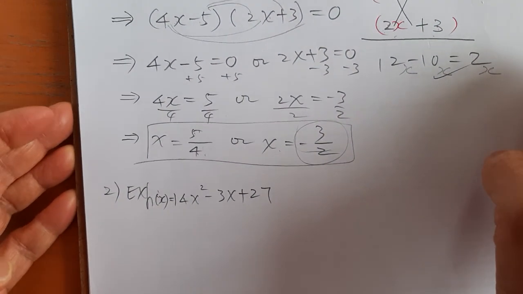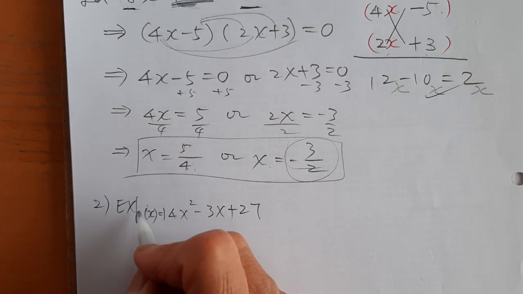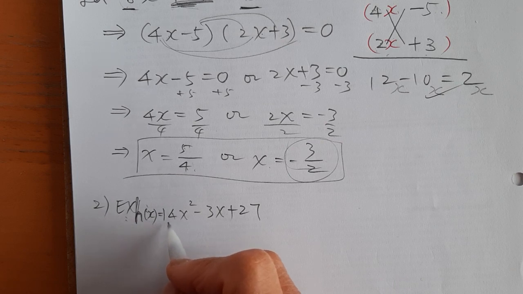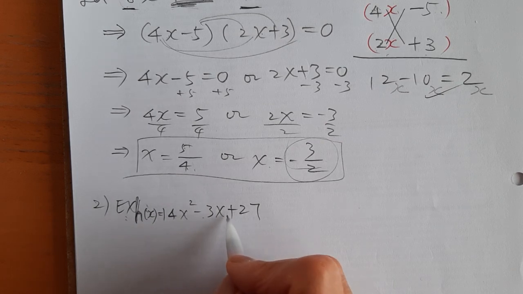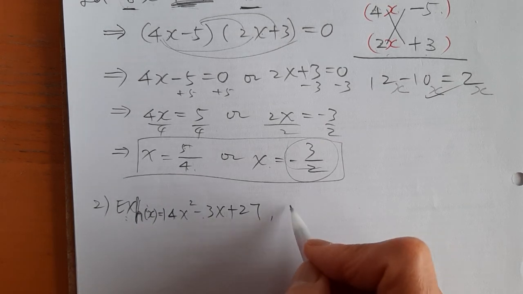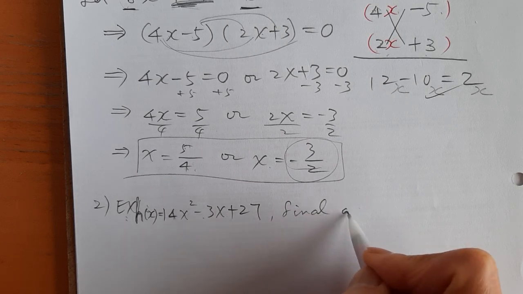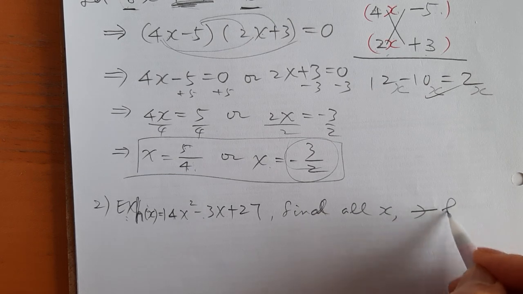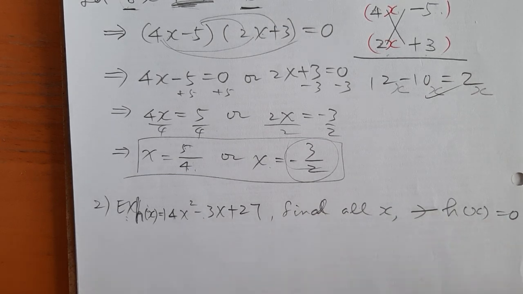So given the function named h, h of x equals 14x squared minus 3x plus 27, and the question is: find all the x such that h of x equals 0.